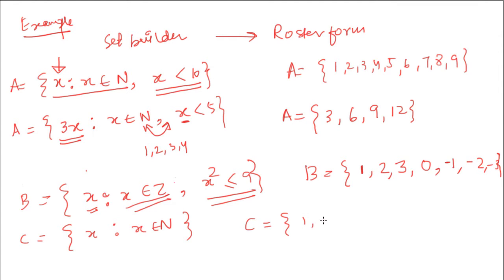It goes on 1, 2, 3, 4, 5, 6, and so on. Because of the condition, we get finite elements in our set. And if the second condition is not given, we can have infinite elements in our set. Clear? Okay. Now let's go to the next.